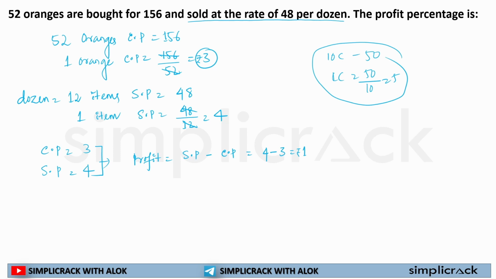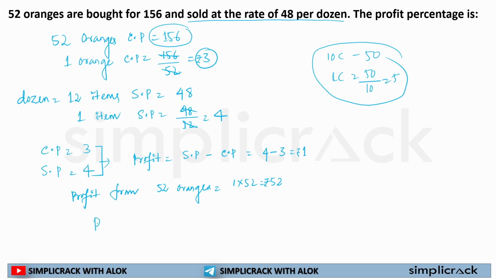Now, how many oranges do I have? I have 52 oranges. So profit from 52 oranges is equal to 1 multiplied by 52. That is 52 rupees. Now, what was my cost price of 52 oranges? 156.